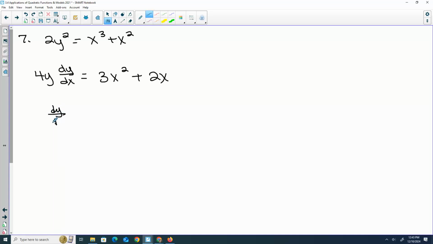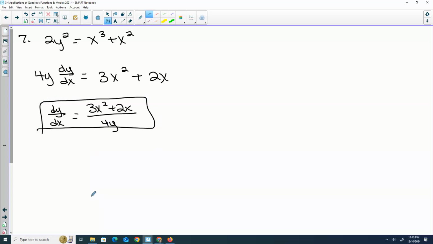So dy dx is 3x squared plus 2x over 4y. So that's our first derivative.